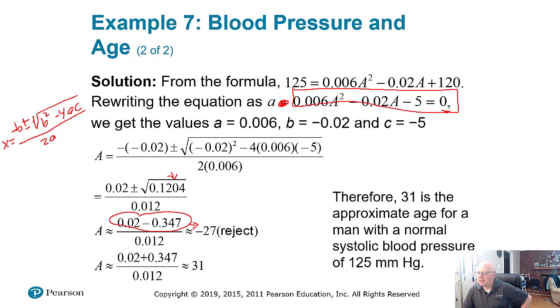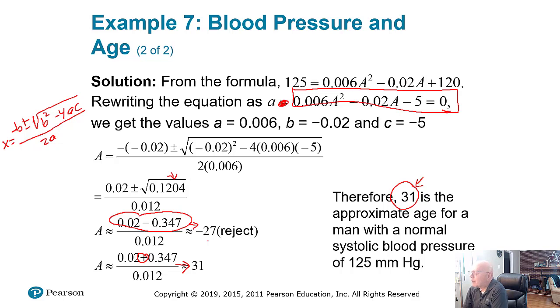Well, you can't have a person aged negative 27 years old. But the plus does give you a reasonable result, 31. So our answer, which we saw from the graph was about 30, is actually 31. Remember, this is the average age, so it's going to vary from person to person.